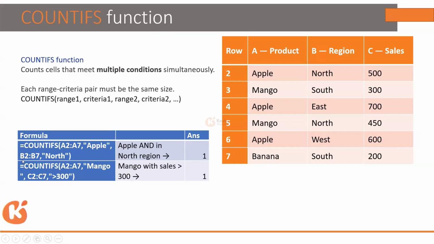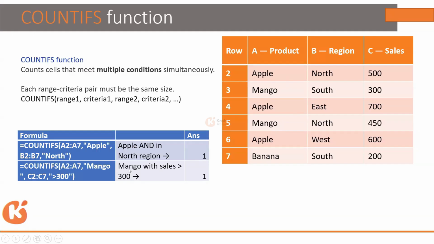Then B2 to B7, which is my column 3, and in this one I want to count north. So here you can see both conditions, and it has given me 1. You can see 1, 2 and 3 apples, but the first is north, the second is east, and the third is west. So only one condition is meeting apple with north, so it has given me one result.